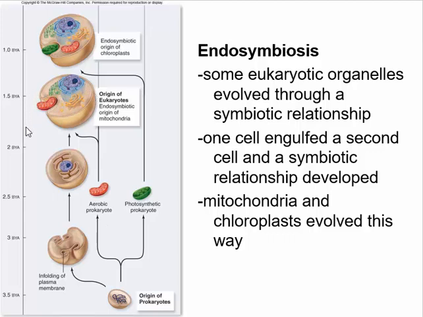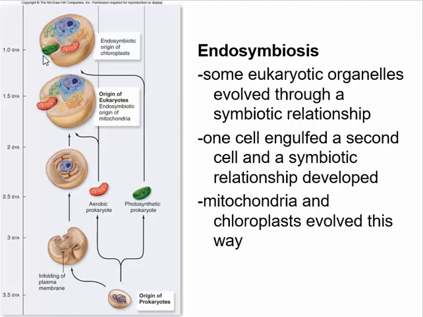Again, this isn't just a one-time event, but over time that association becomes permanent, and then over further time, the mitochondria is going to lose its ability to be a free-living thing completely. Later on in plants, we see the acquisition of a chloroplast, which is a photosynthetic cyanobacterium. That's the origin of those.